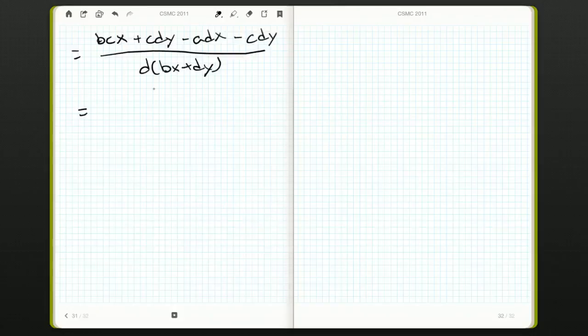So these two cancel out, and we're left with (bc minus ad)x over d times (bx plus dy).